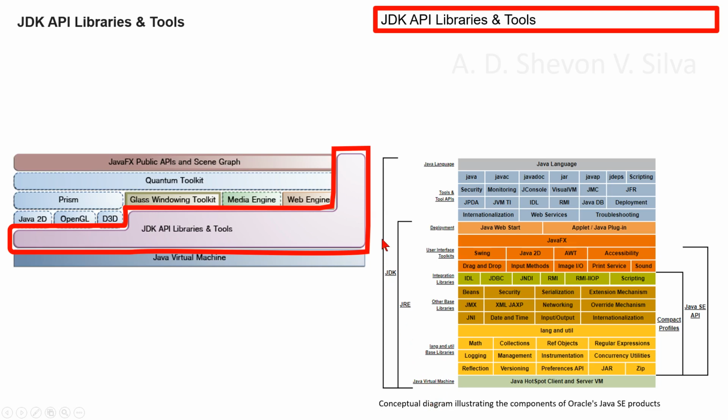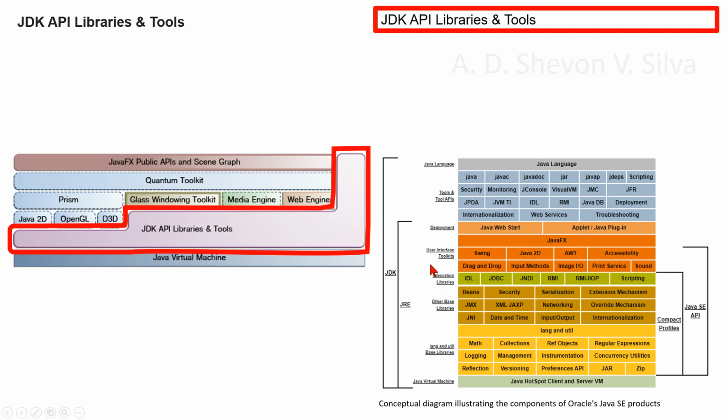JDK consists of all levels. JRE consists of the following levels: deployment, user interface toolkits, integration libraries, other base libraries, and lang and util base libraries. JavaFX API consists of the following levels: no, sorry, deployment is not included.